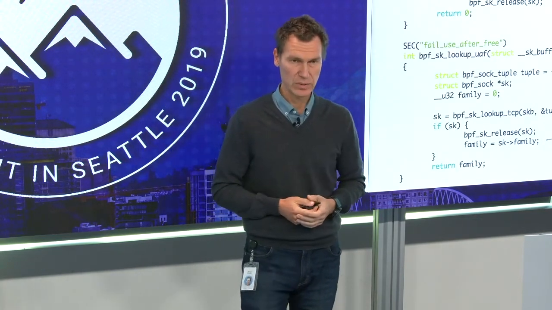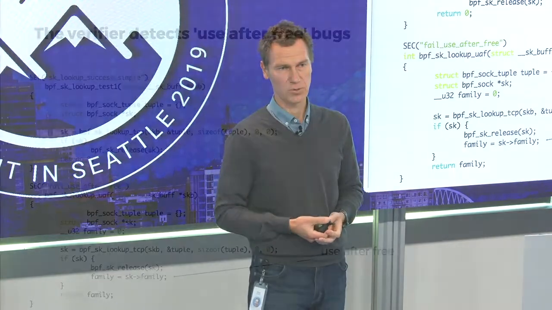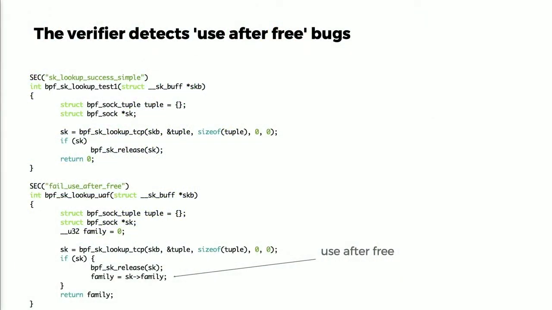But also, we detect use after free just as well. In this case, it's not only kmalloc and free styles of use after free. We know that the lookup function returns the socket, and the release function may not actually free it.